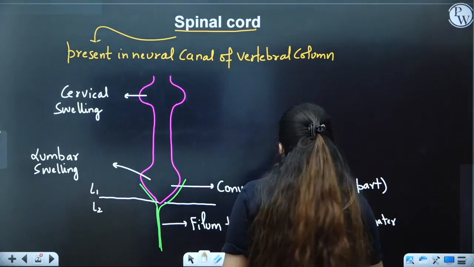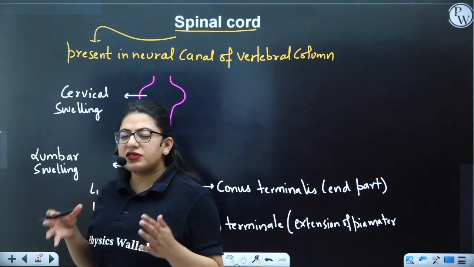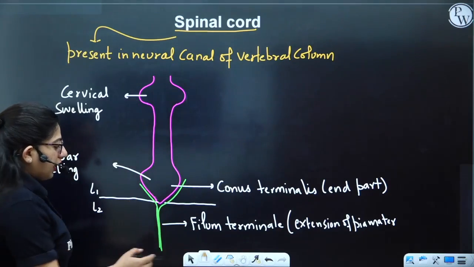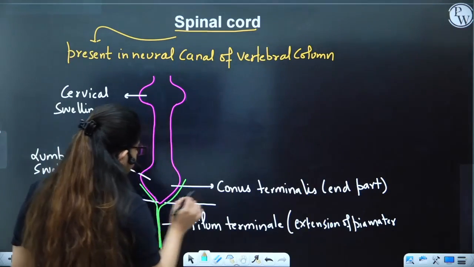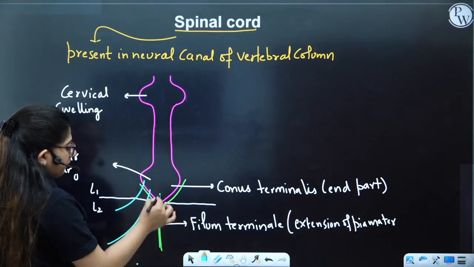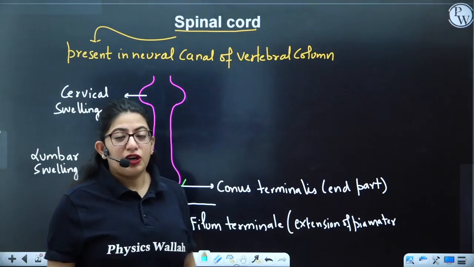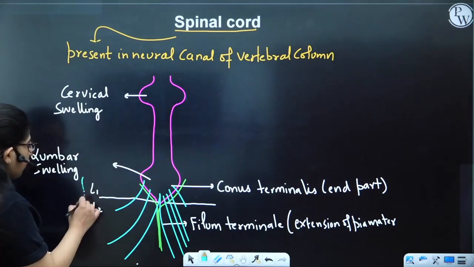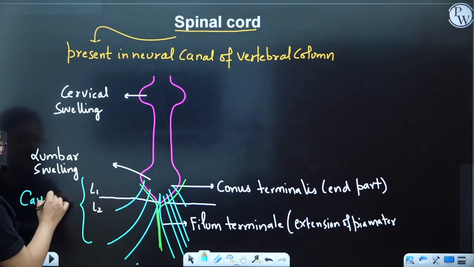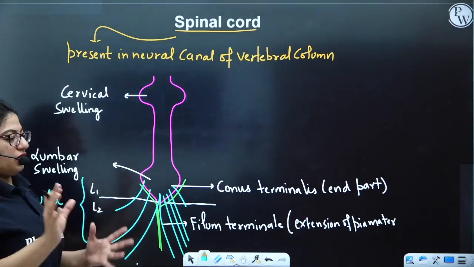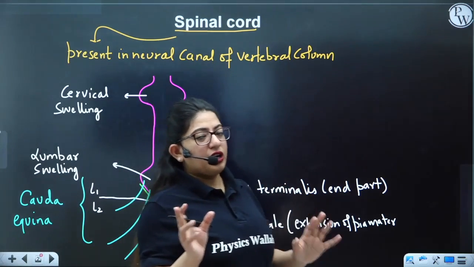So, as you know, the nerves emerge from brain as well as spinal cord. So, at this portion, the nerves emerge like this, and this appears like the tail of the animal horse. So, this portion you also call cauda equina. Now, you must be confused, ma'am. Wait, this is too much. Wait. So simple.